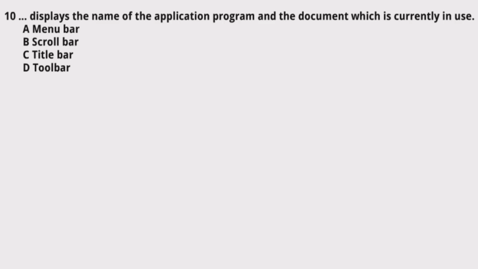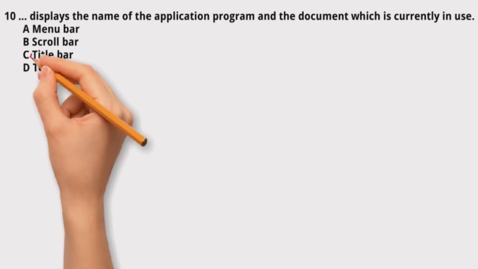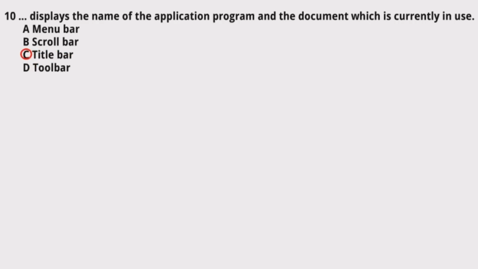C, title bar. D, toolbar. So the correct answer is C, title bar. So if you want to know the name of the application or program and the document which is currently in use, you check on the title bar.